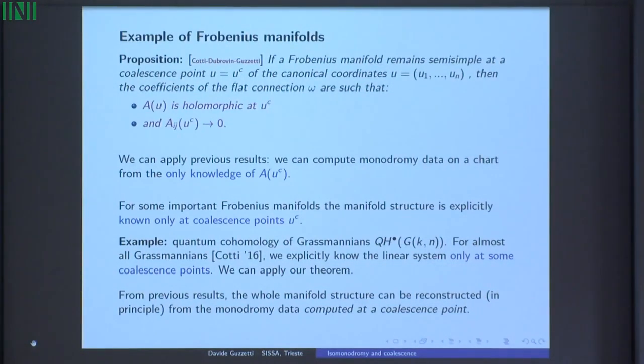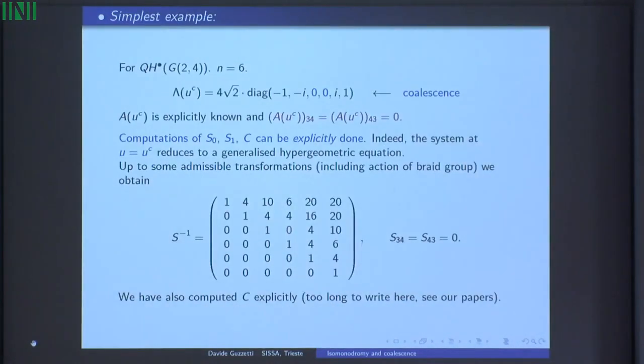So if you want to know the monodromy data of this Frobenius manifold, we only have this, and so we need the theorems I've explained before. This is a simple example. If you consider this Grassmannian, this is our lambda view. We have two coalescence points. You can verify explicitly that the entries are 0.